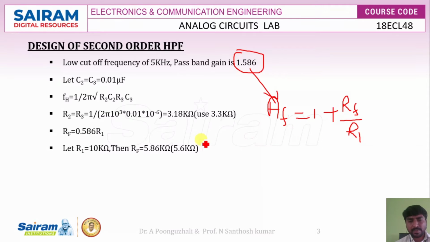So if you substitute that, we get RF will be equal to 0.586 into R1, right? So choosing the value of R1 to be 10 kilo ohms, we get RF equal to 5.86 kilo ohms. We don't get the standard value of resistance, that is 5.86. Therefore, we choose a standard value of resistance, that is 5.6 kilo ohms.